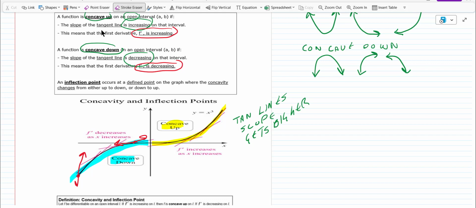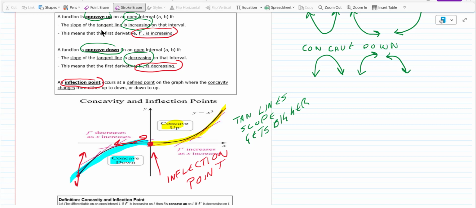Another terminology: we have an inflection point. An inflection point is a defined point on the graph where the concavity changes. On this point right here on this graph, we would call that an inflection point, because the concavity changed from down to up, or vice versa.